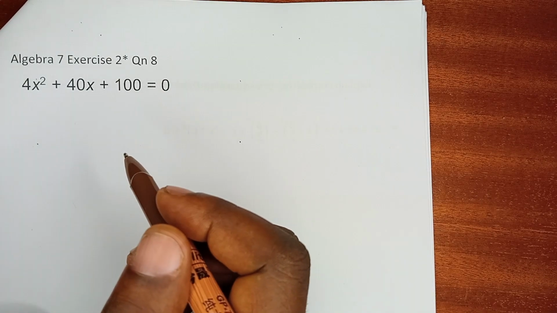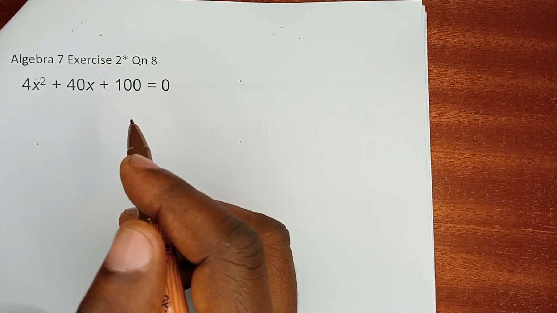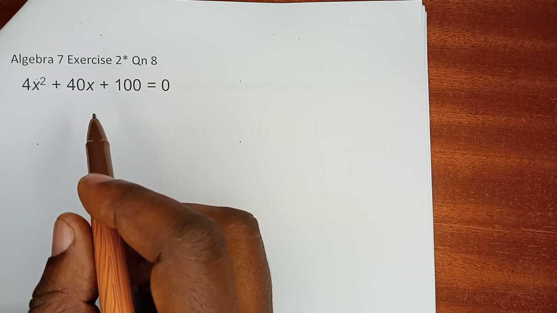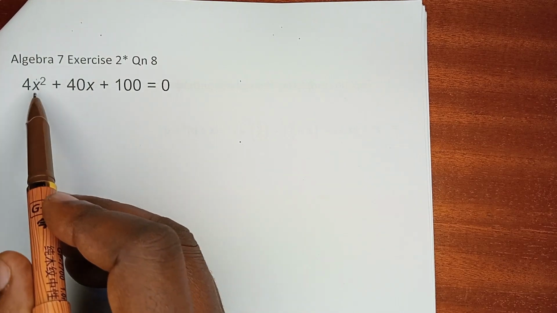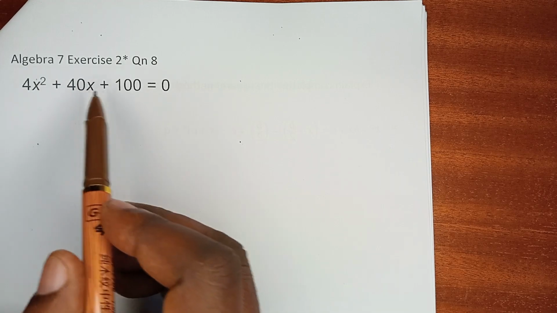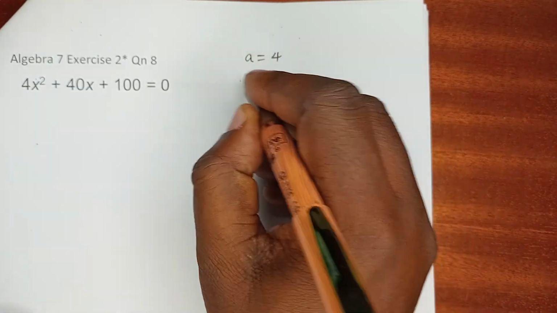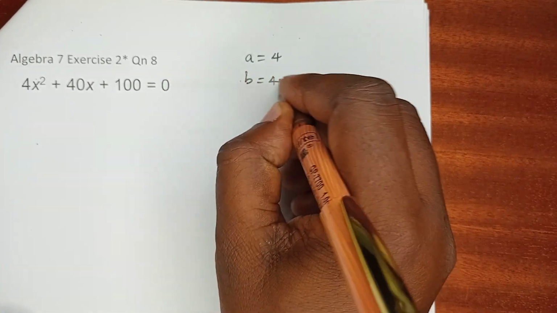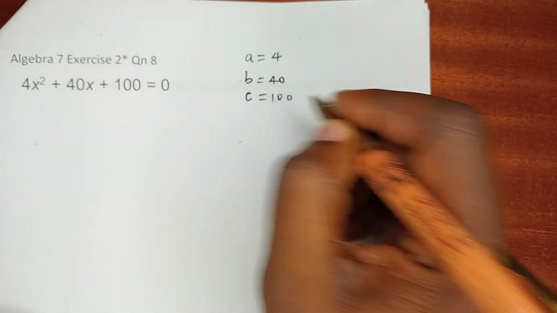This one is a simple thing because our equation is already in the general format of a quadratic equation, ax squared plus bx plus c, where our a is 4, our b is 40, and our c is 100.